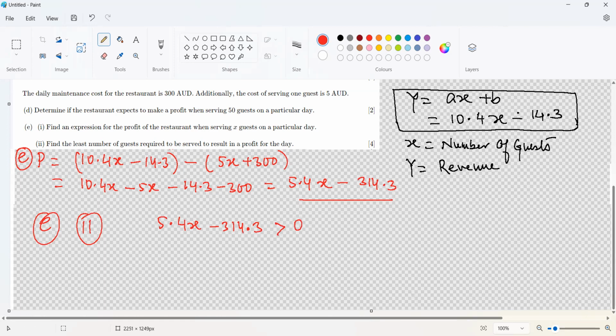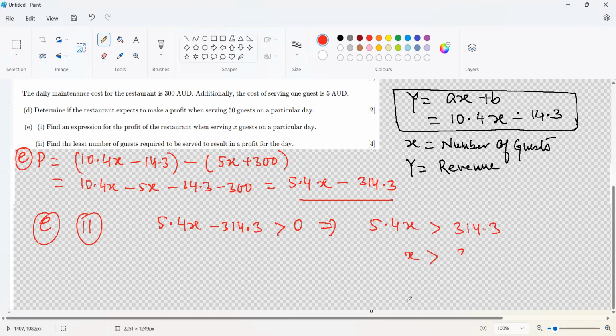If the value is greater than 0, the profit is greater than 0. When you solve this inequality, you're going to get the x value, which is 5.4x should be greater than 314.3.